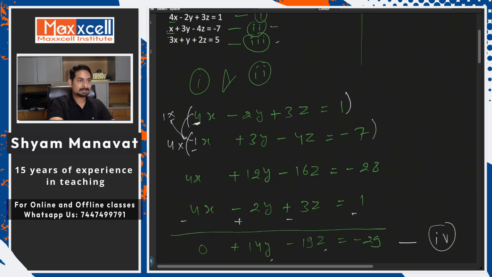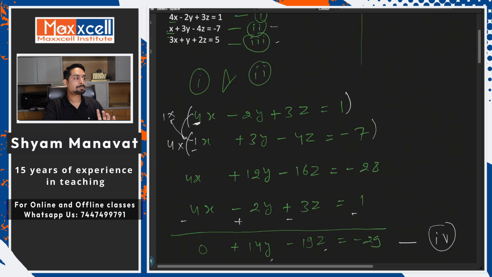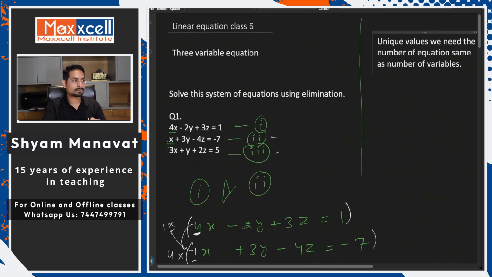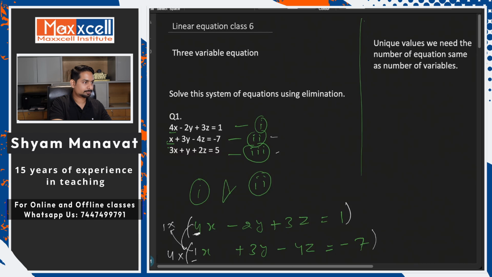There are some exceptions that we are going to discuss in the eighth lecture, relation between lines. That time I will tell you more in detail, but as of now you need to understand, if you want to find the value of x, y and z, the number of variables should be equal to the number of equations. This you should make note.